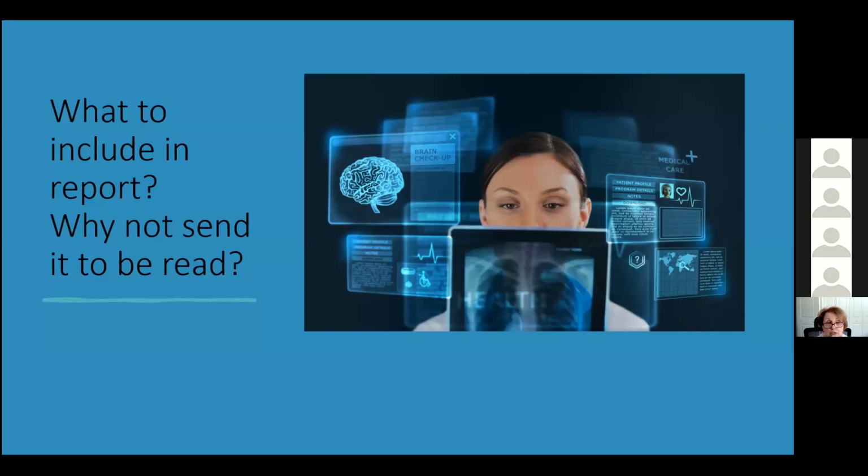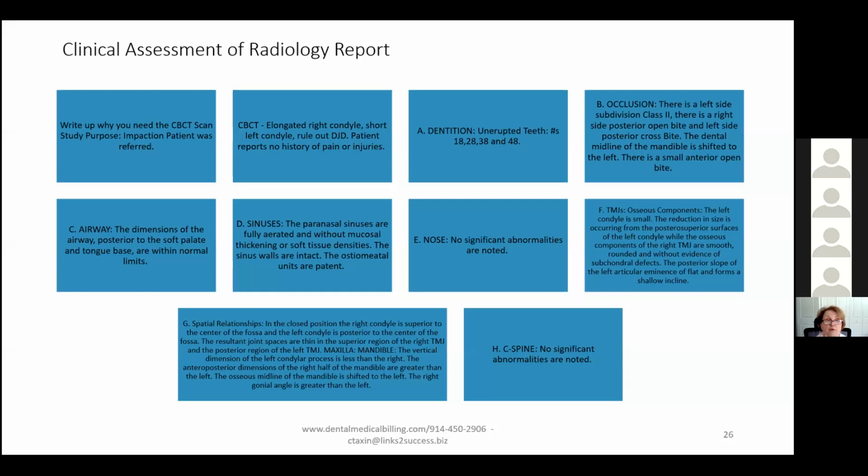So what do you include in your report, and why not send it to be read? I took a report, and I'm just giving you what they wrote. So, write up why you need the report. You have to send the report as a prescription to the radiologist so he could read it. The study purpose for this patient was an impaction. The CBCT scan showed elongated right condyle, short condyle, root out.